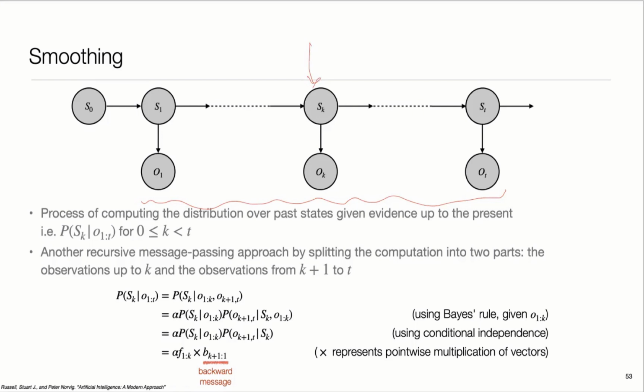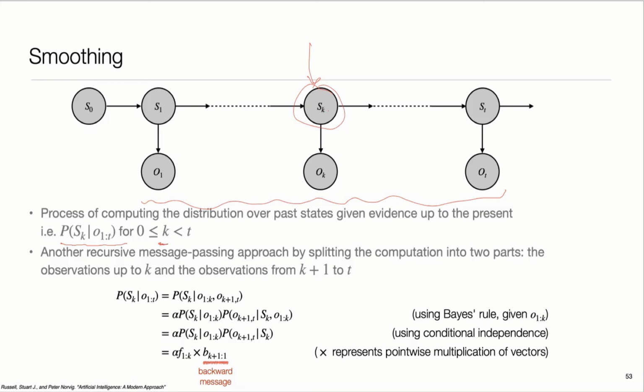The intuition is that by taking into account future observations, I can make a better inference of this state than I would have otherwise. So essentially, this is the problem of coming up with the distribution of Sk given observations 1 through t, where k is in the past.